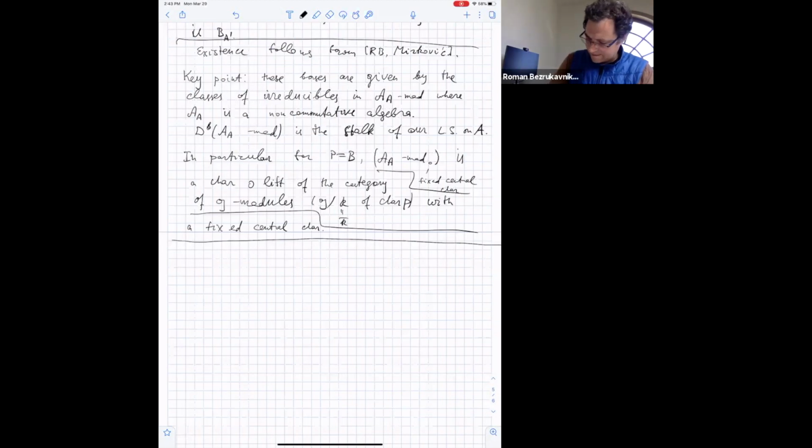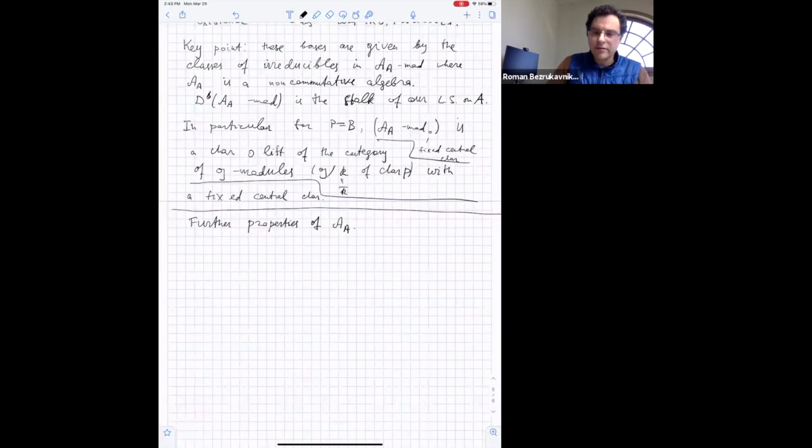So properties of these algebras A, and the corresponding derived equivalences.